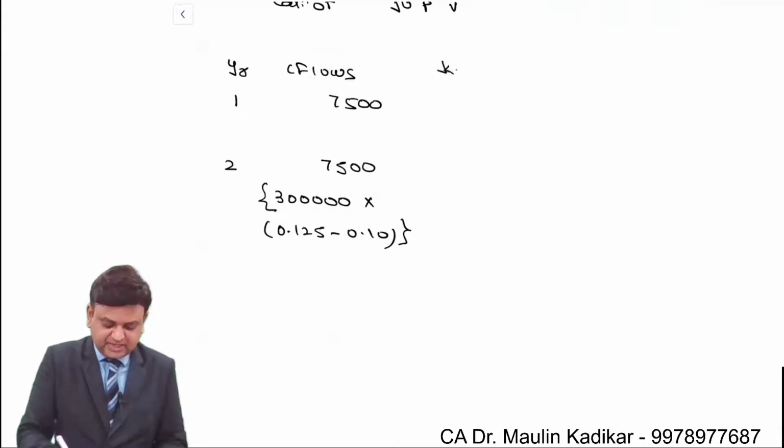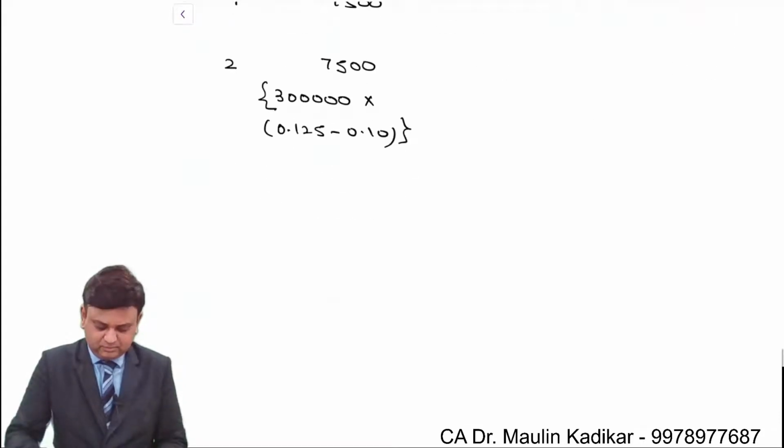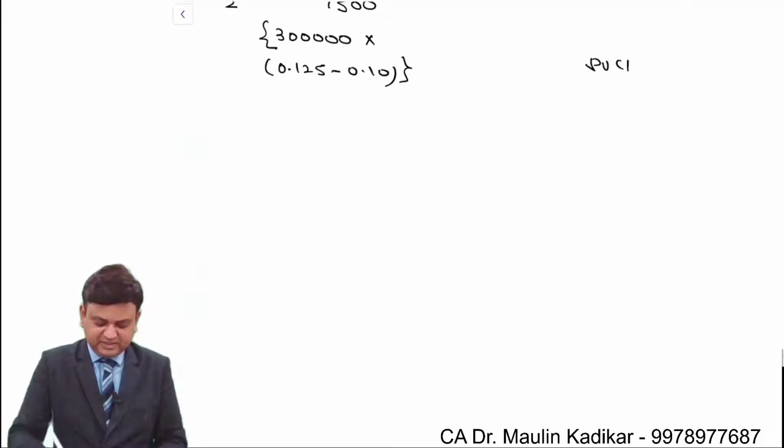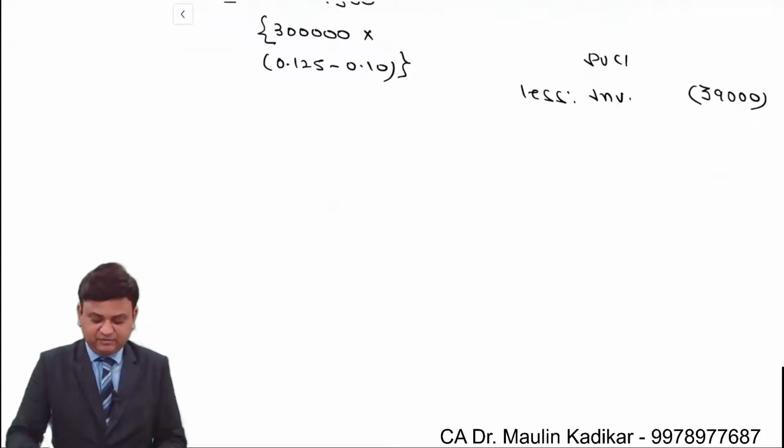In the second year also, it is discounted at the rate of 10 percentage. Present value of the cash inflow less the investment, which we have to make, an amount of 39,000, and based on that we will find the NPV.